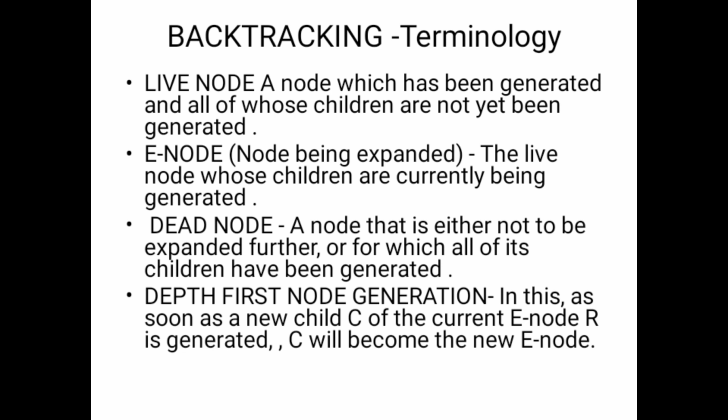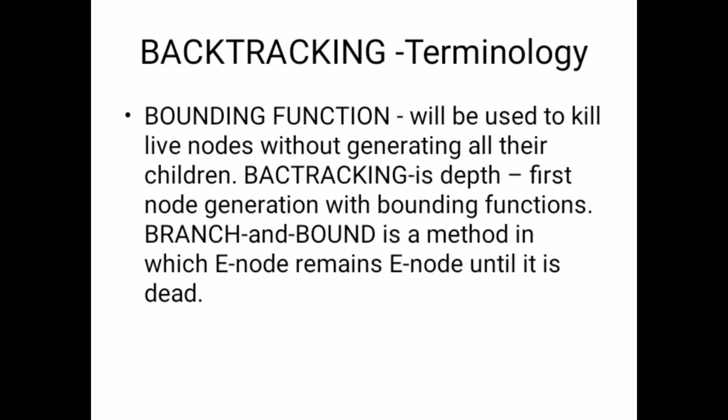A dead node is a node that is either not to be expanded further or for which all of its children have been generated. Then depth first node generation: as soon as a new child C of the current E node R is generated, C will become the new E node. Then you have the bounding function, which we use to kill live nodes without generating all their children.